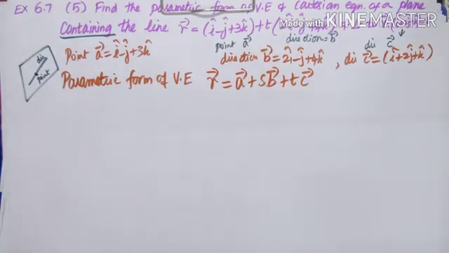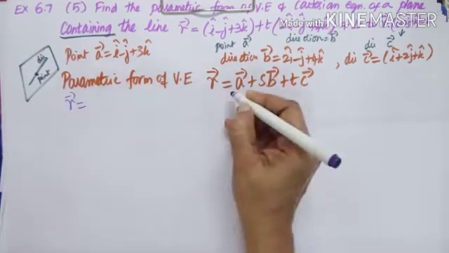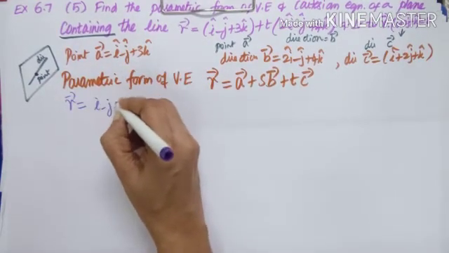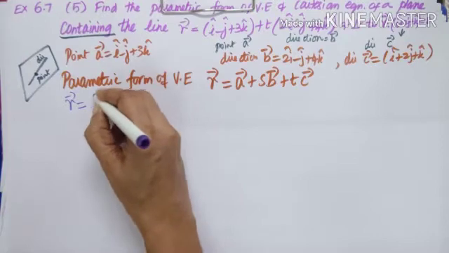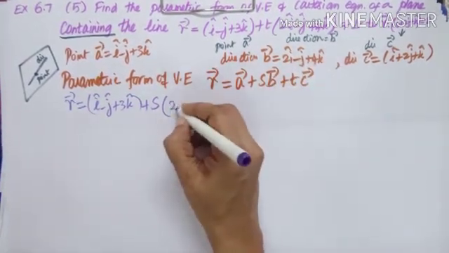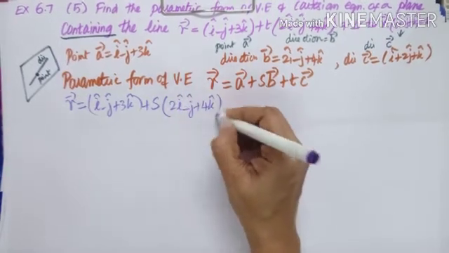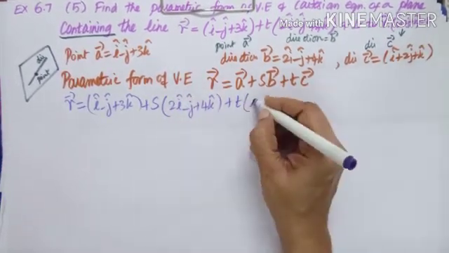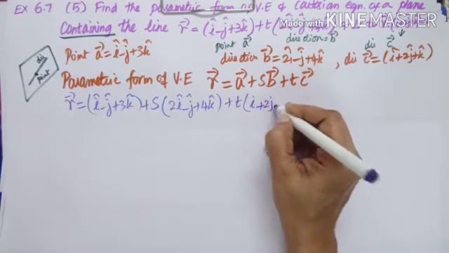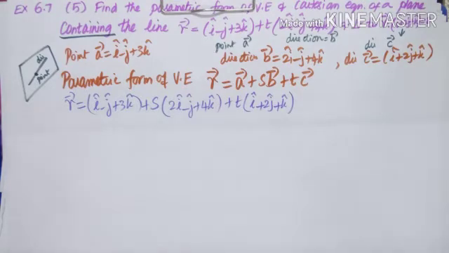Now rewriting the answer. R vector is equal to A vector i minus j plus 3k plus s into B vector 2i minus j plus 4k plus t into i plus 2j plus k. This we call as the parametric form of vector equation.